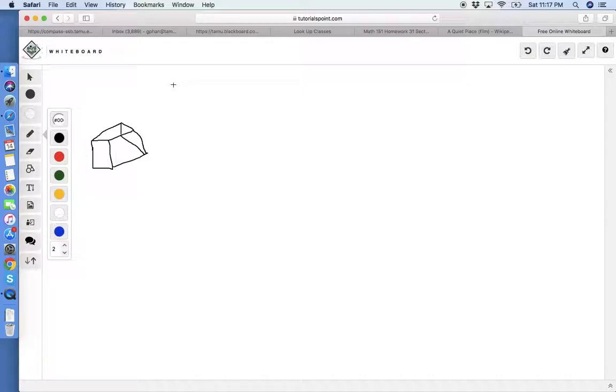So let's have x be the top and the bottom. And I'll indicate this as L and W for length and width. And so here's our length and width. And now let's have y equals our height.